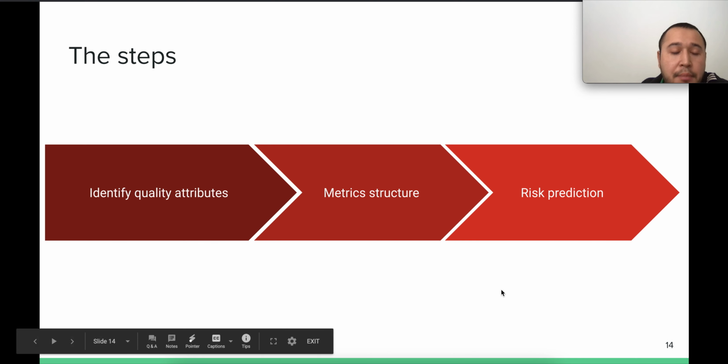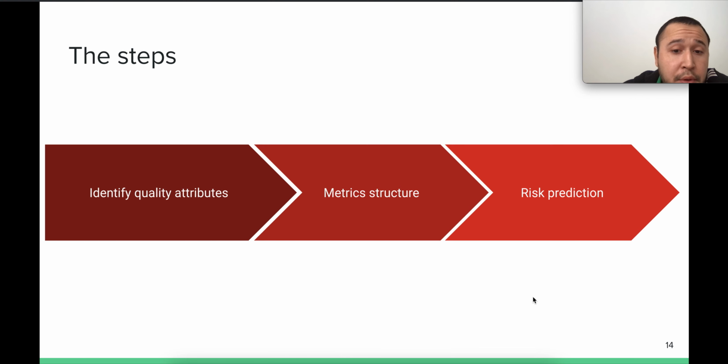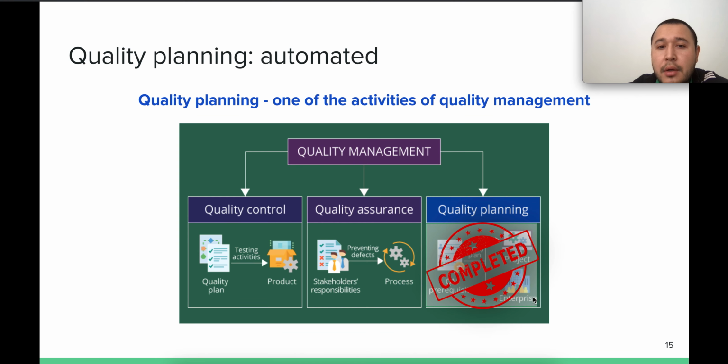After applying these steps, which are identifying quality attributes, metric structure, and risk prediction, we can consider that quality planning is automated. After applying the previous three steps, this is done. The quality planning is completed.